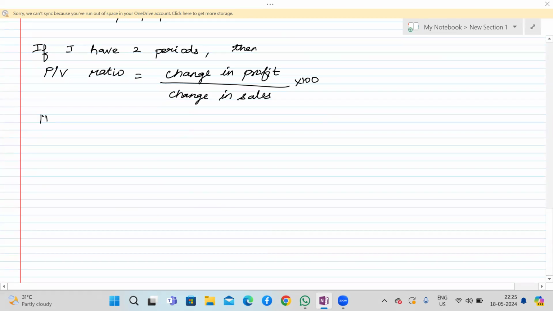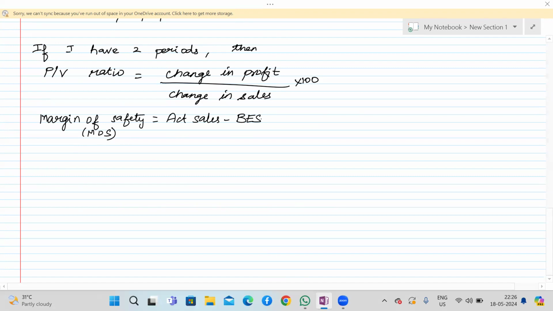Then we have margin of safety, that is MOS. This is actual sales minus break-even sales. That means how safe my business is, that is how much I'm earning after meeting break-even sales. So this is the formula.